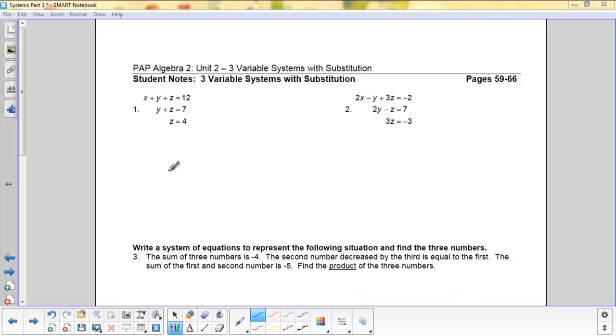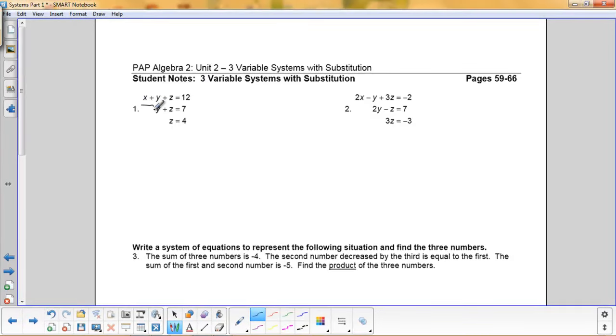All right, welcome back. Today we're going to introduce three variable systems, and this is going to be a pretty big day as far as getting your feet set for what's coming up involving matrices. I want you to be observant to the fact that in these two equations, these little areas right here have missing gaps.